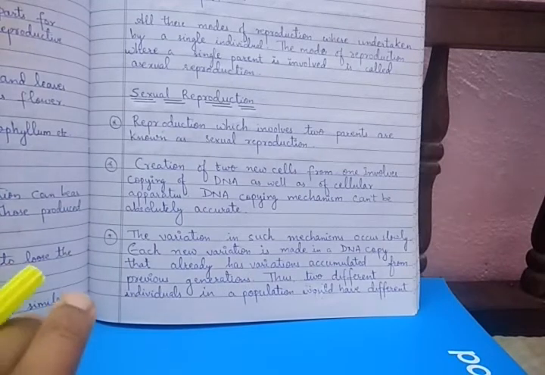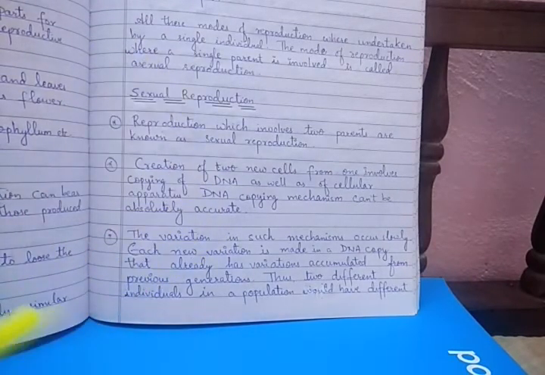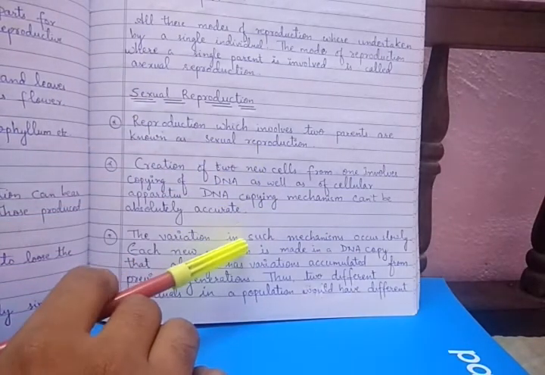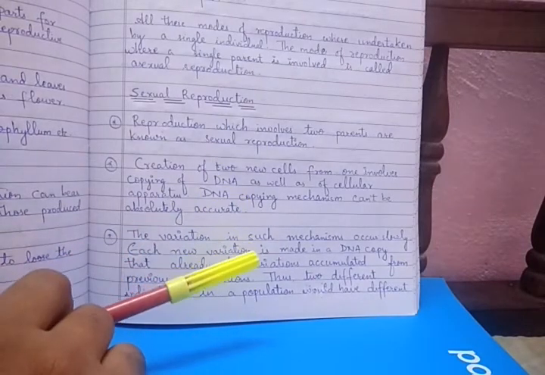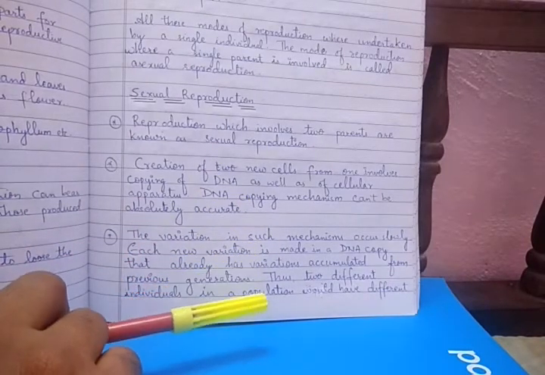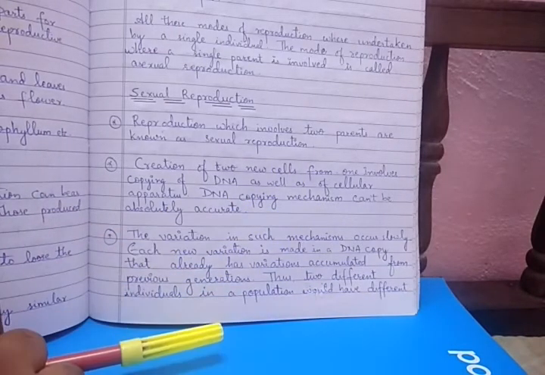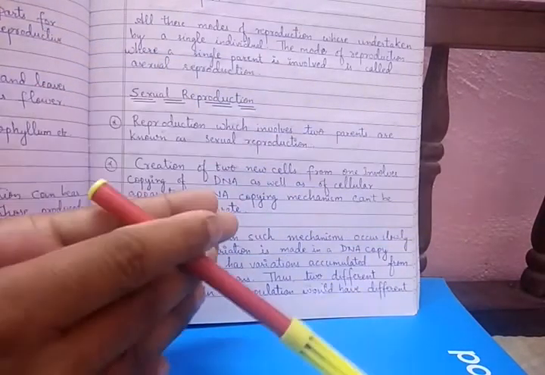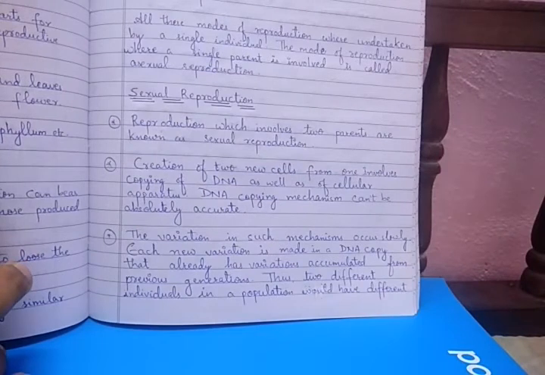We are well aware of the term variations. Variations can occur in cases where two different cells are used for DNA copying, and they occur very slowly. Whichever DNA had been copied from previous generations, all those variations get accumulated into the next generation.